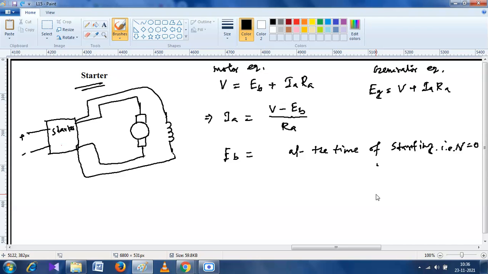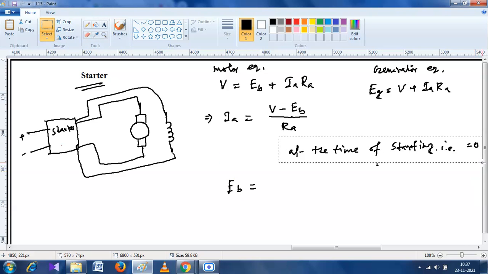So zero, sir. Good. At the time of starting, when we just give the supply, or just switch on the supply of a DC motor, at that starting time the value of rotation of the armature is zero. So tell me, what is the value of back EMF at that time? Zero.